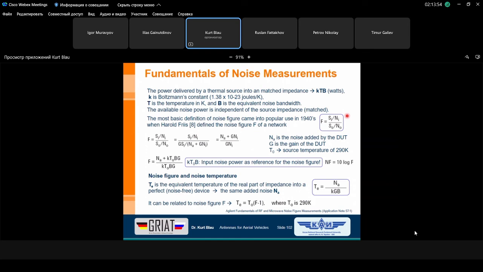No, this noise power is limited by the bandwidth of the complete receiver chain, the receiving system, determined at the input, and the same bandwidth is also valid in the case of the output.